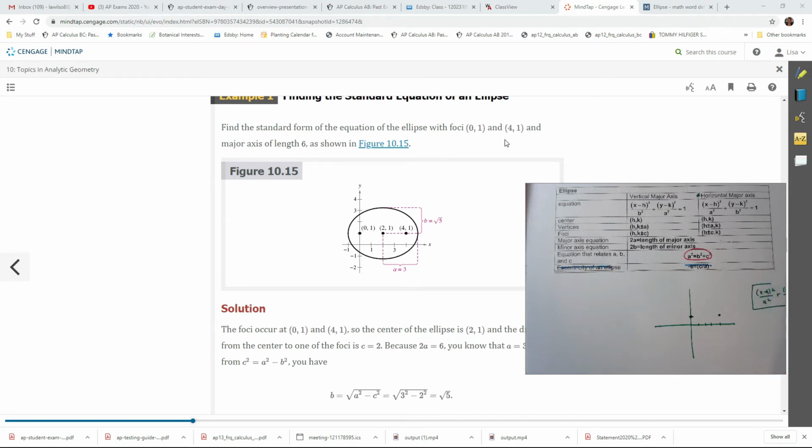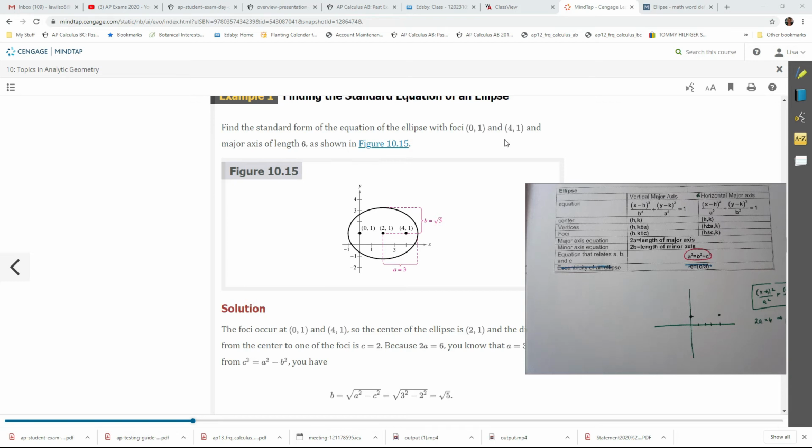The other thing I know is that the length of my major axis is 6. Since the length is equal to 2a, 2a equals 6, which means a is equal to 3.